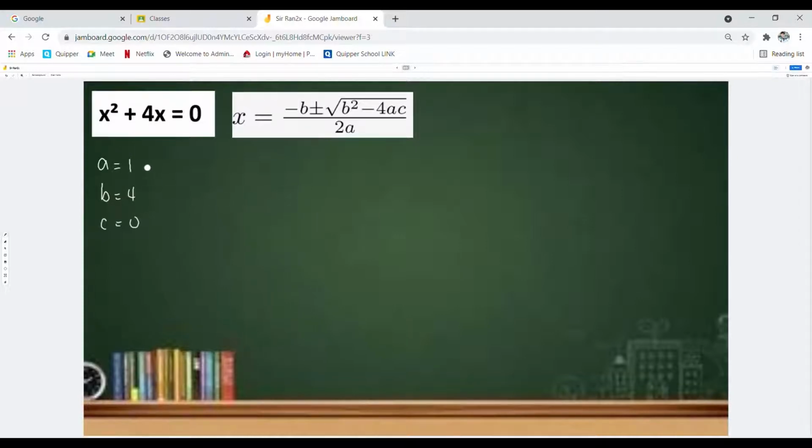Now we are going to plug in these values in the formula.